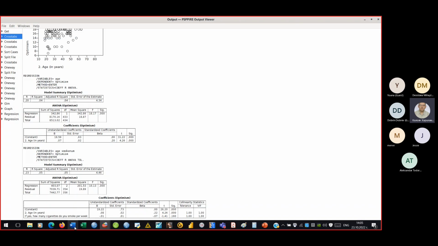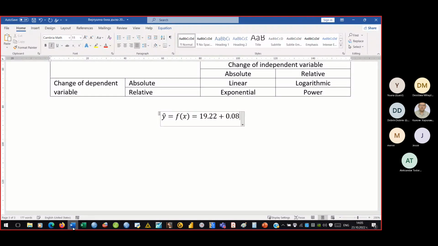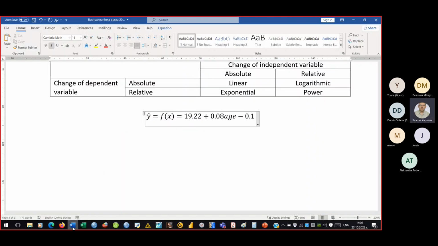Now with the second, A becomes 1922, plus 0.08 age, and minus 0.1 cigarettes per day. This is the second independent variable.